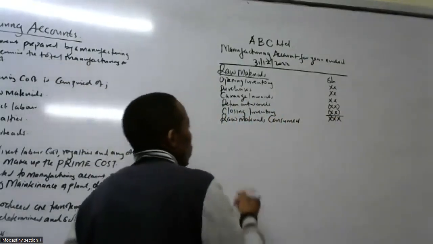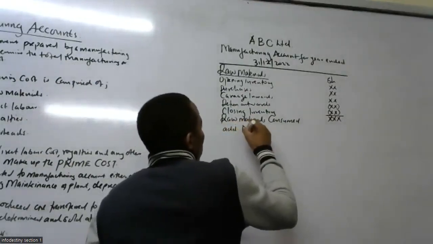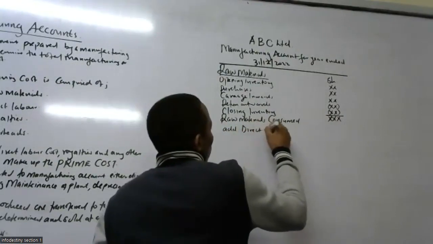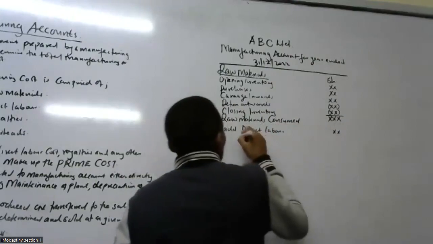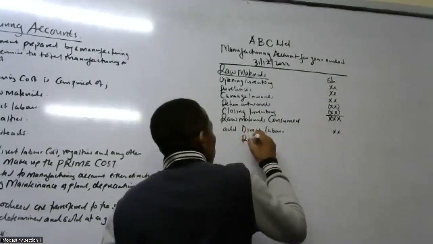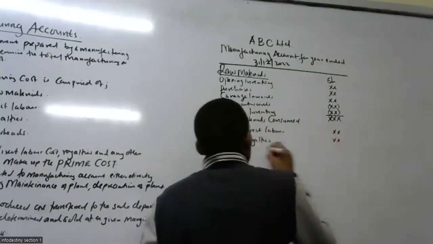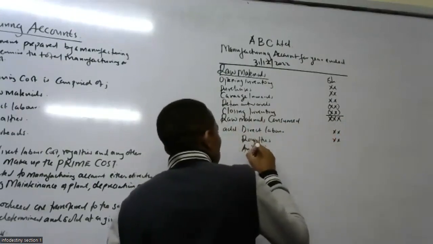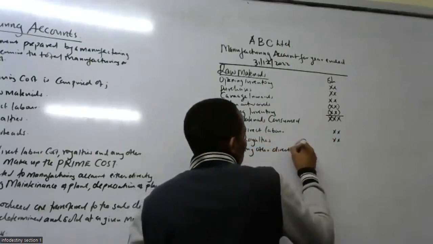Then we add direct labor. We also add royalties if they are given. And also you can add any other direct expense.